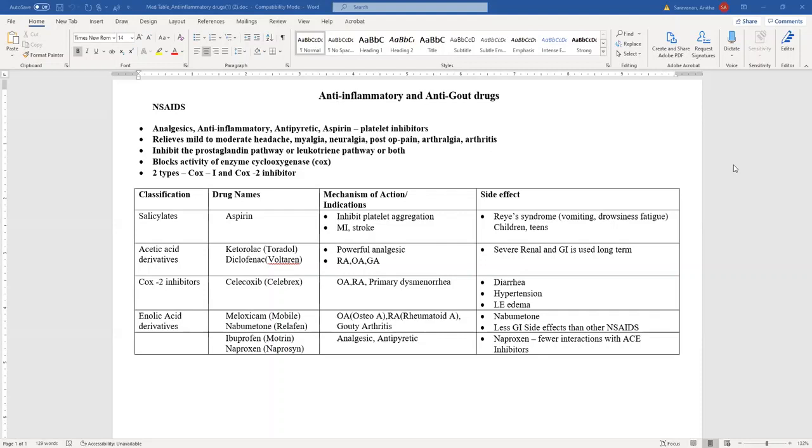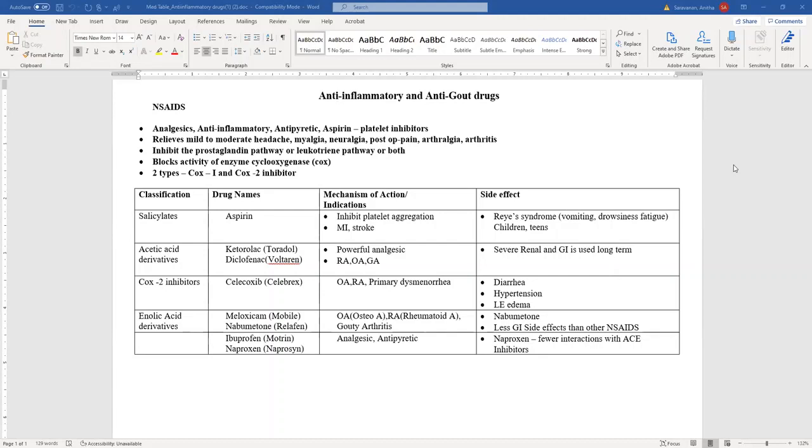As far as aspirin, which is a salicylate, you've probably heard of it being used for its cardioprotective effect when patients are post-MI or post-stroke, because it helps with inhibiting the platelets, which was not found until the past 2 decades or so.